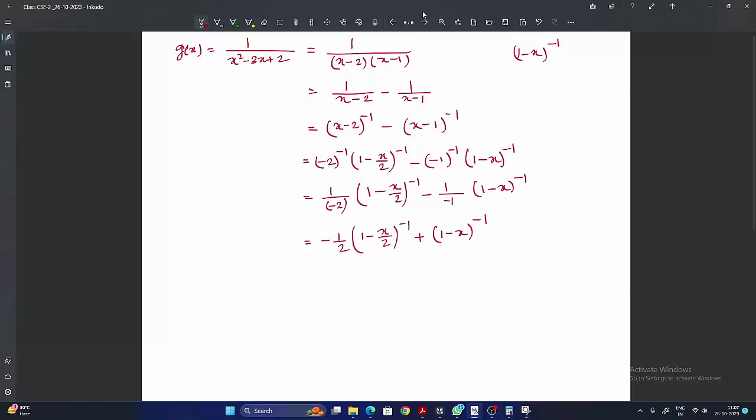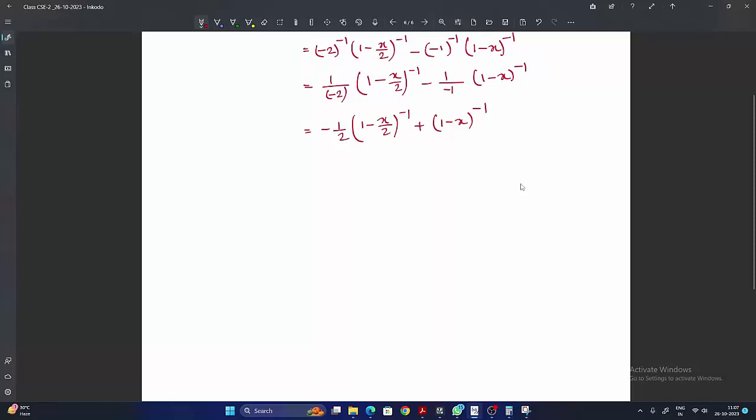Now you can put the formulas. Before that you have to do all these things. So that's why it is a little bit difficult, if the function is given, building the series and then building the sequence behind that. So here now you can put the formulas. So it is minus 1 by 2, and then if you put the formulas it will be the sum over n equals 0 to infinity of x by 2 to the power n.